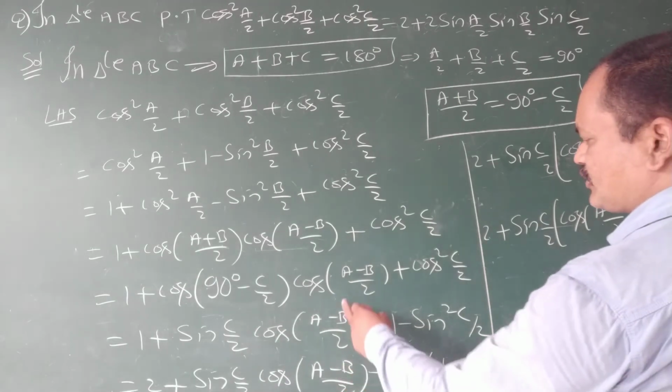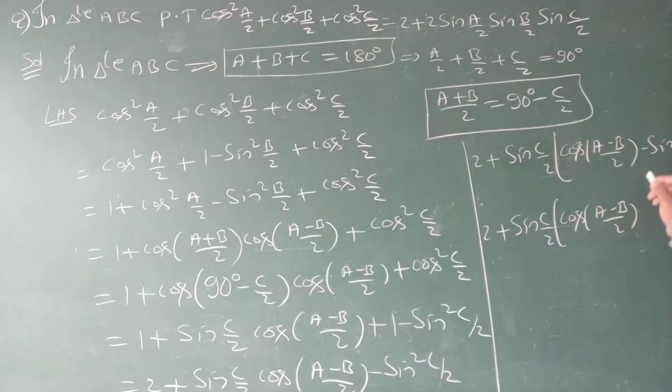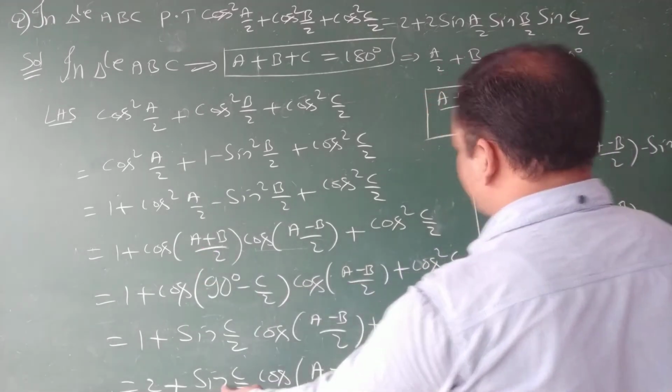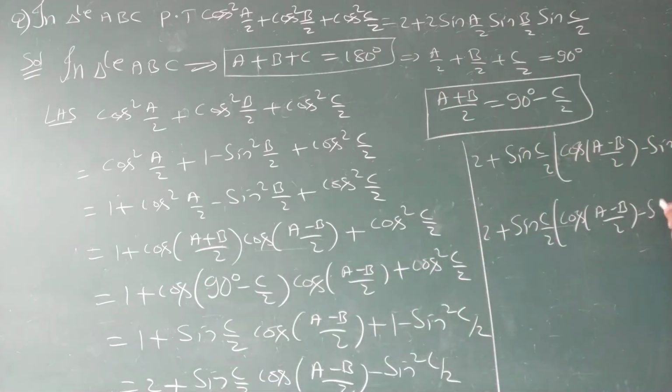Here sin C by 2 is nothing but cos A plus B by 2. Cos A plus B by 2 is sin C by 2. That's why in place of sin C by 2 we write cos of A plus B by 2.